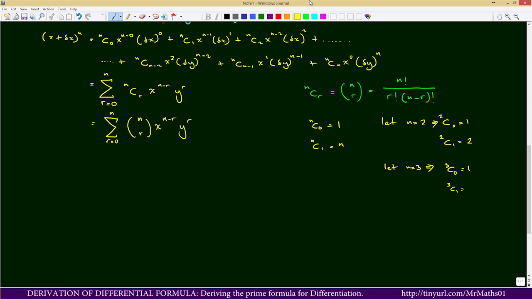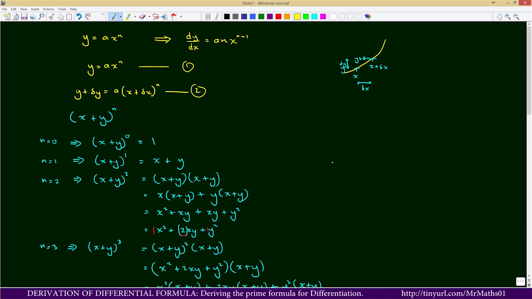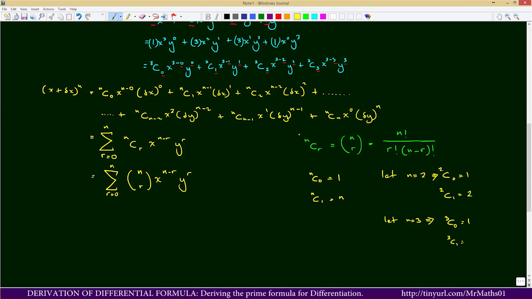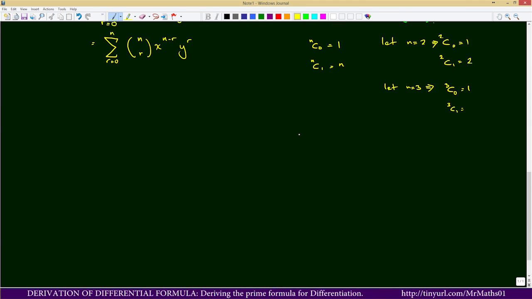Alright, now let's continue. I'm going to put that expression back into equation 2. So y plus delta y is equal to a, remember that's still our multiplier a.